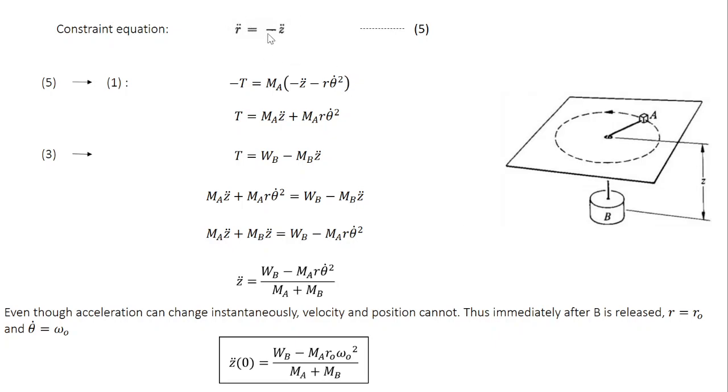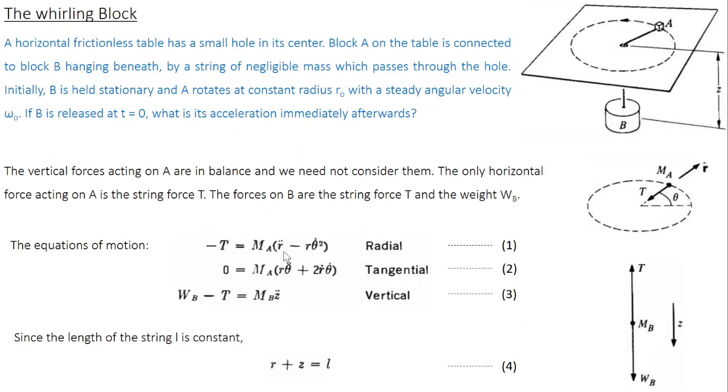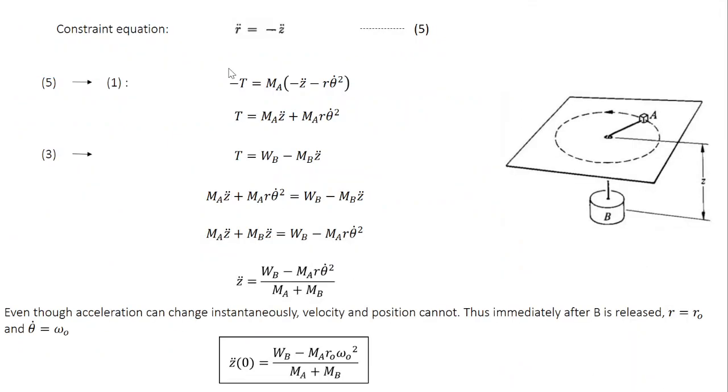Now using this result, you can rewrite equation 1. In equation 1, I have R double dot, so instead of that, you can put minus Z double dot. So it becomes minus T equal to MA into minus Z double dot minus R theta dot square, or equal to MA Z double dot plus MA R theta dot square.